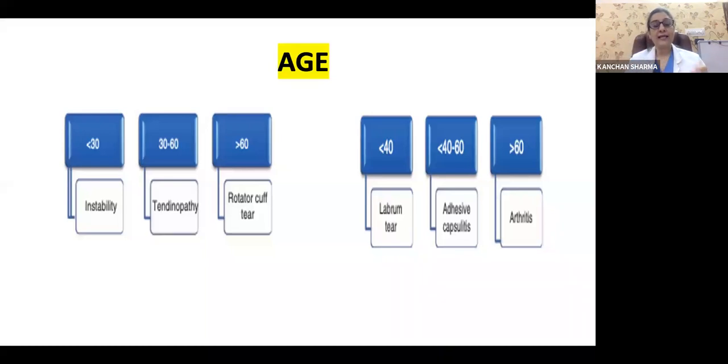When I say tendinosis, it means I have a problem inside the tendon, meaning the collagen fibers present inside the tendon, I have a problem with that, right? When I say partial tear, how can you remember a partial tear? I have made a wall of brick and I have removed some bricks. So that is a partial tear, meaning some fibers are lost.